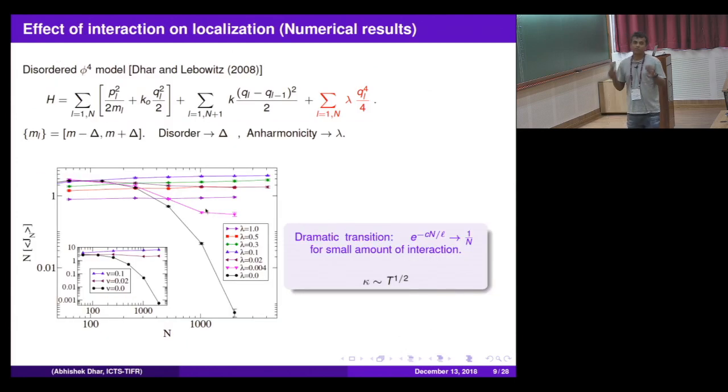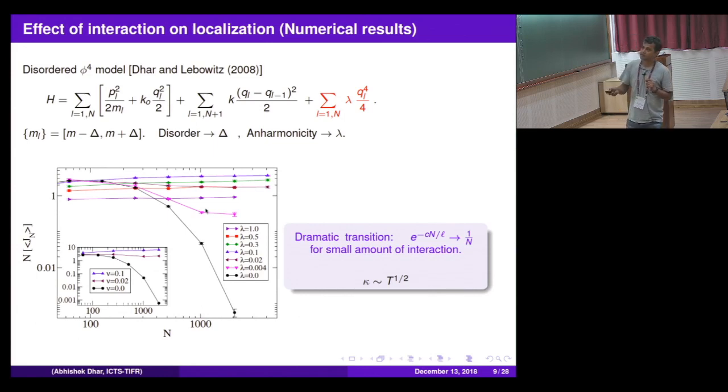Okay, so now what happens when you put in interactions? This is some earlier study that we did in 2008, like 10 years back, when I think MBL was still not so fashionable. What we basically asked is, you take this Anderson insulator and then add a small anharmonicity, and what happens to the transport properties? Basically the heat conductivity.